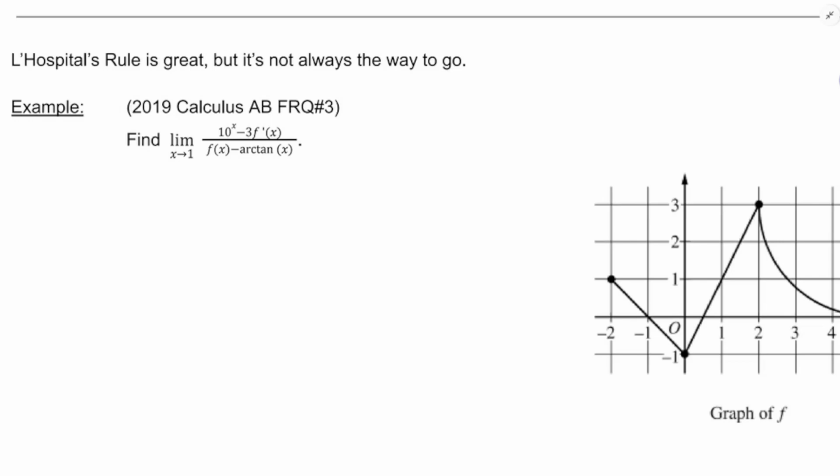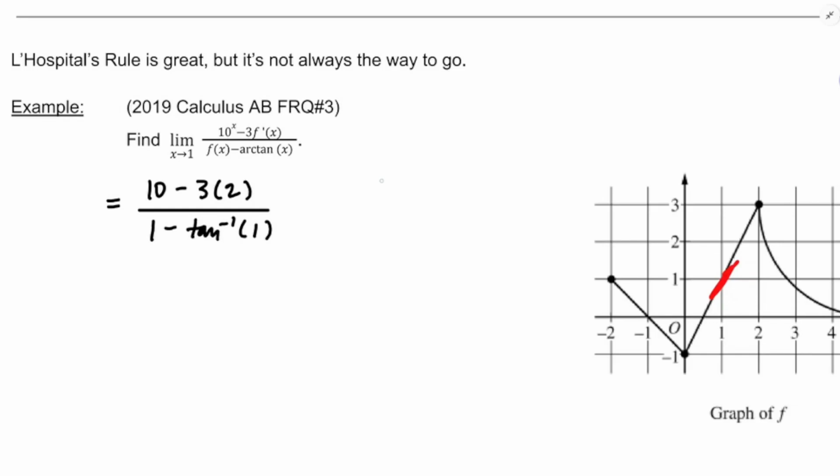If you look at the top, it's going to approach 10 to the first, which is 10, minus 3 times f prime of 1. Well, I am going to need to figure out f prime of 1. Right there, the slope, that's going to be 2. So this is approaching 10 minus 3 times 2, divided by f of 1, which equals 1 minus the arctangent of 1.